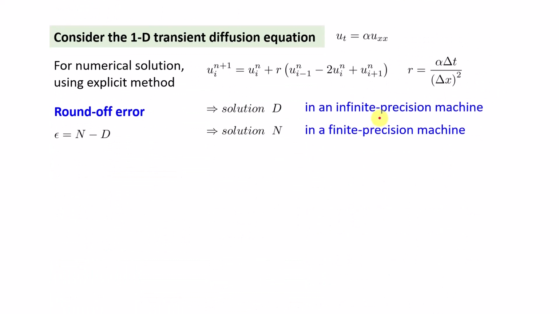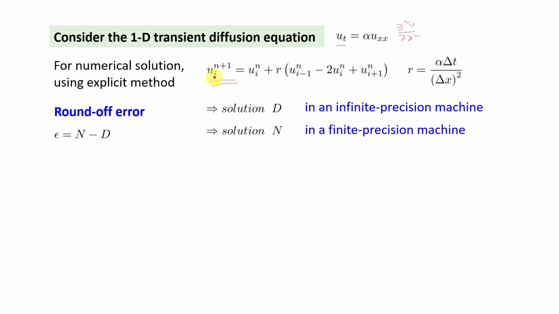Let us once again recall that we are considering the one-dimensional transient diffusion equation, that is, the partial derivative of u with respect to time is equal to alpha, the diffusivity, multiplied by the double derivative of u with respect to distance x. Numerically, when we try to solve it using the explicit method, the difference equation turns out to be like this.